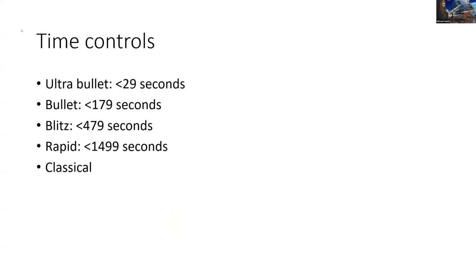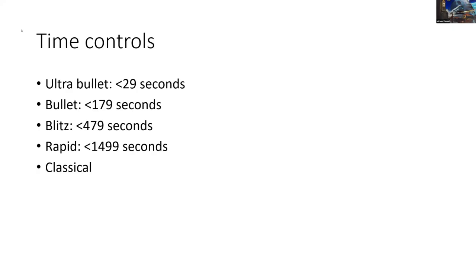The time controls that I considered were basically all of the major time controls for online standard chess. I'm not including other variants like giveaway, so just normal chess. There's Ultra Bullet, which is less than 29 seconds. Bullet chess, which people usually play at 1 or 2 minutes.